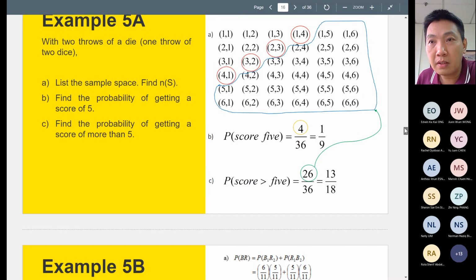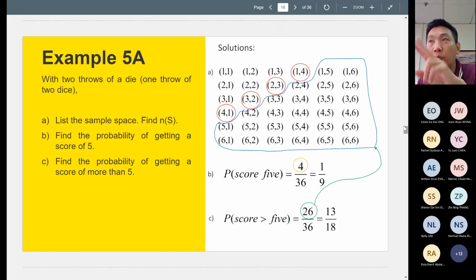In order to answer a question that involves two dice, you have to always list down the 36 possible outcomes. That will be your NS. The denominator must be 36. Now we need to identify from among these 36 which combinations will give you one even score and one odd score.